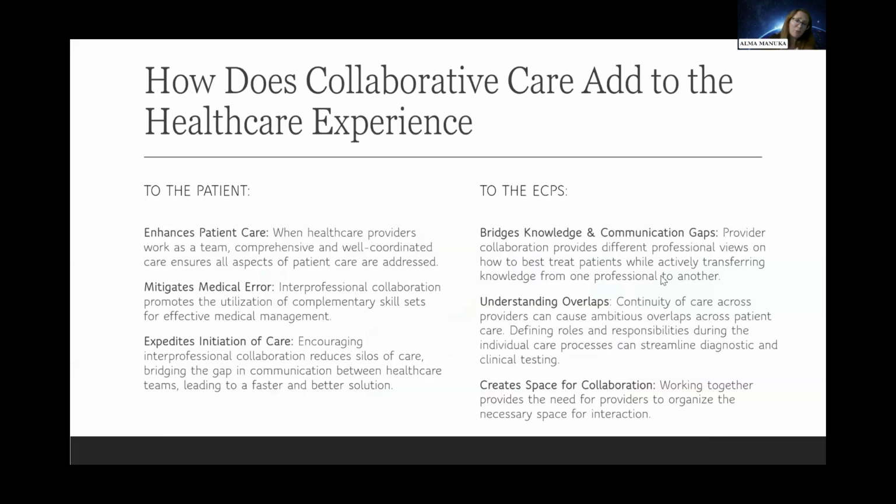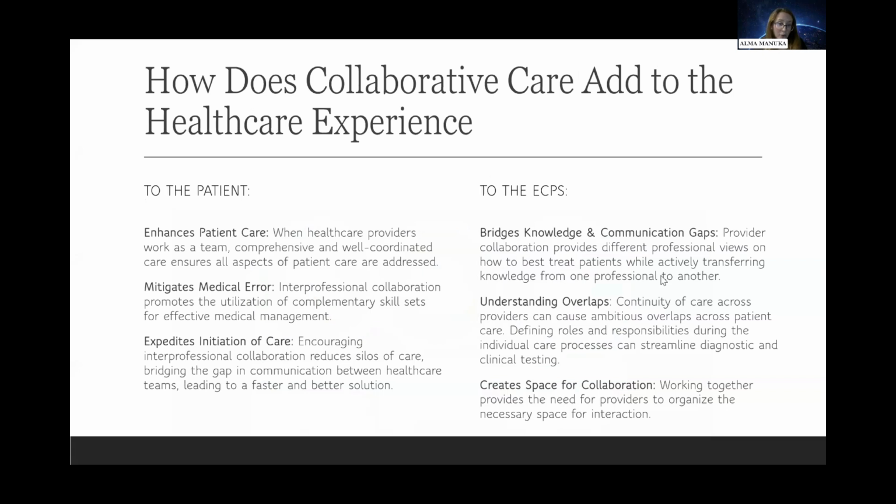So why is it important for the patient? Because if you talk to each other and collaborate better, it enhances patient care. Problems and issues are addressed very early on. It mitigates medical error, which means you come faster to conclusions and you find the right and effective medical management.